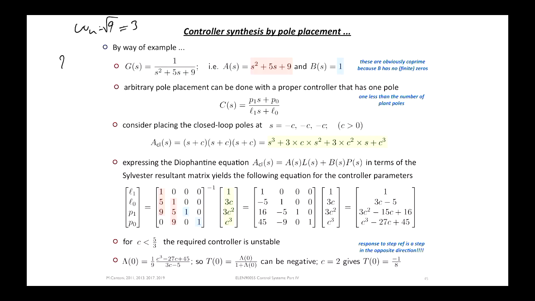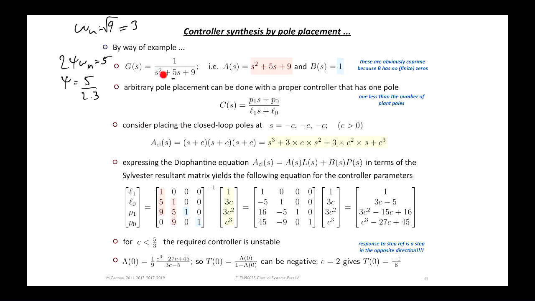Twice the damping times the natural frequency is equal to 5, this term here. So the damping here will be 5 on 2 times 3. That's not that small, so it's pretty well damped already.